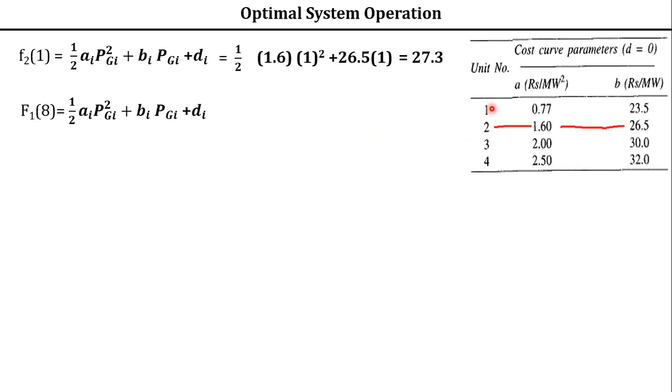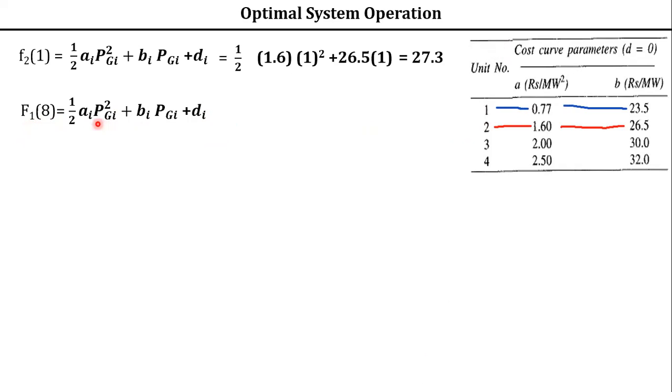Unit 1. This is unit 1. Understood? So what is the value of A? 0.77. What is the value of B? It is 23.5, because this is unit 1. So the corresponding A, B, D values we have to take.